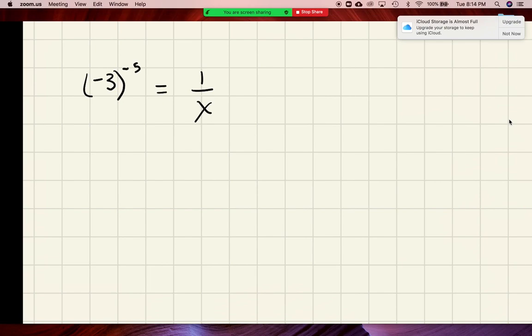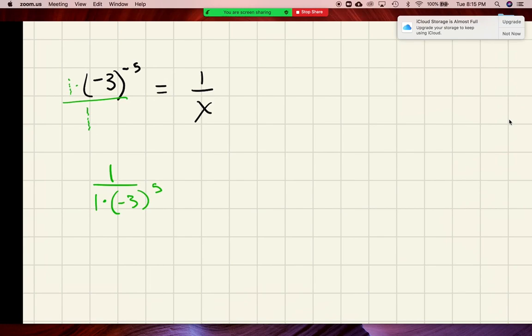One of them is just look at this negative. So it's like there's a 1 out here, and then there's a 1 on the bottom. So if we take this whole thing and just move it to the bottom, flip it, right? Then this becomes a positive. So it would be 1 in the top from there, and then 1 times -3, but to the +5.